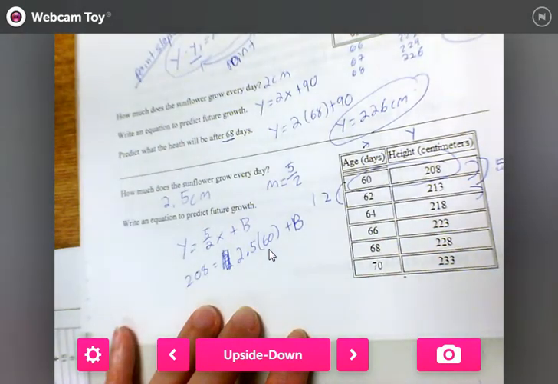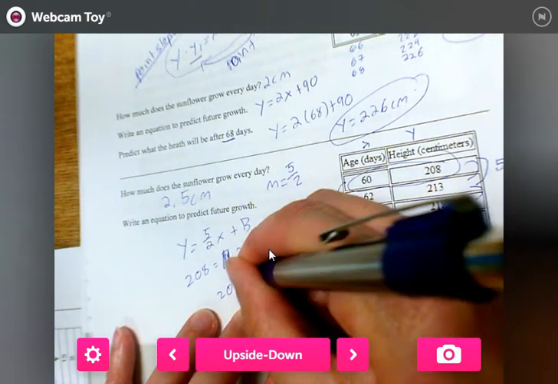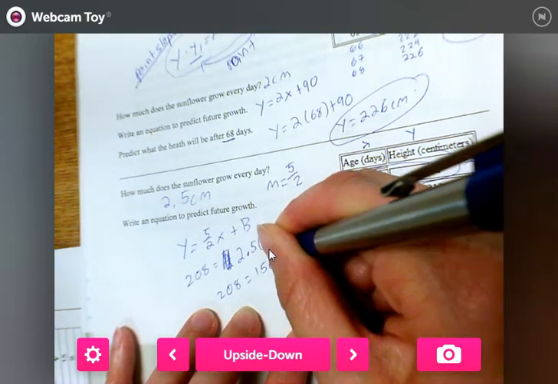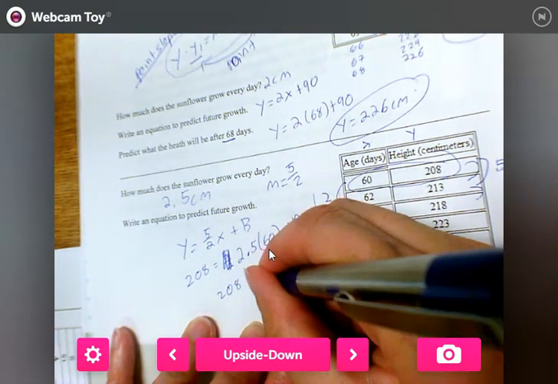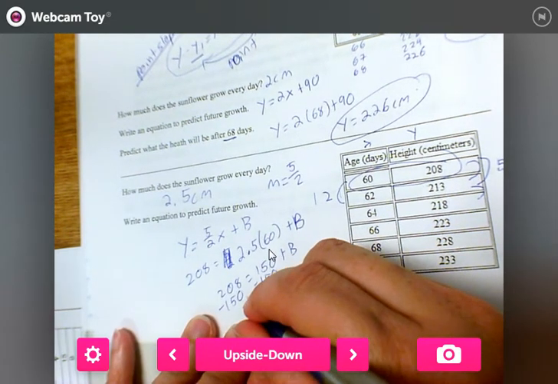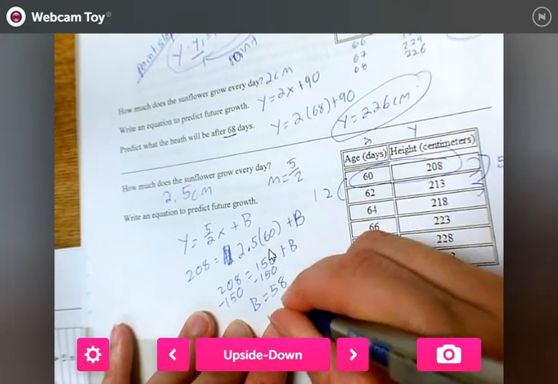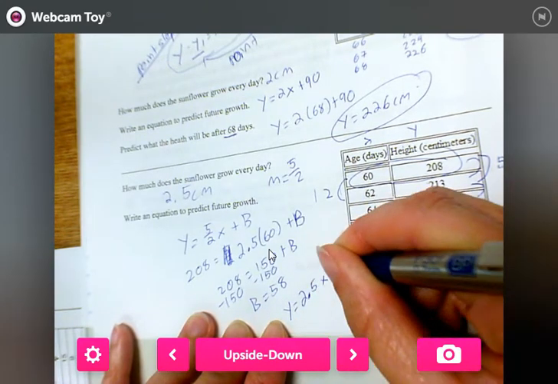So I'm going to do 2.5 times 60, and I get 150. So 208 minus 150 gives us 58. So my equation is y equals 2.5x plus 58.